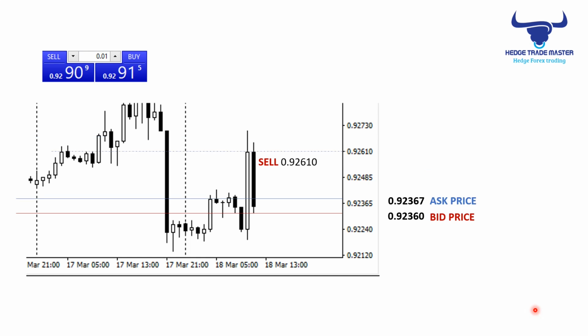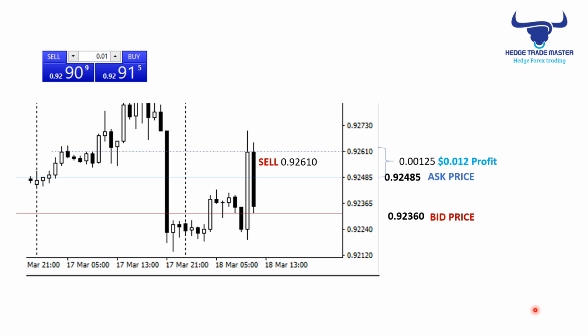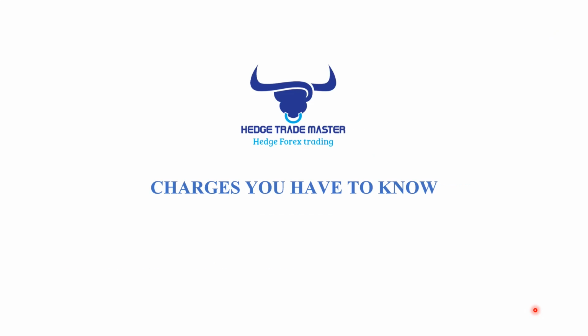However, if the asking price went down, then you are in profit. Sometimes the price level is on this level, and the only difference is what is only your profit. So this is how it works. These are the very basic things that we have to understand when the spread widens, why I'm in loss, all this.